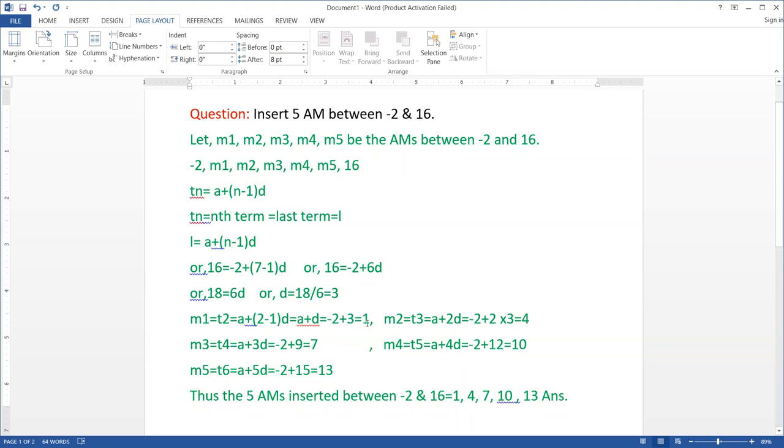So -2 plus 3 is 1, because the bigger number 3 has a plus sign in front. After that, M2 equals T3, and T3 means you can see here 1, 2, 3. So T3 became M2. When we go on counting, the number of terms: -2 as 1, M1 as the second term, M2 as the third term. So I'm writing T3, which is just a plus 2d.